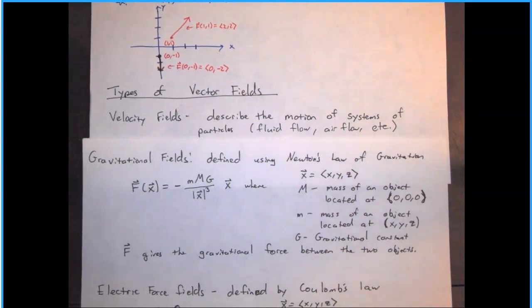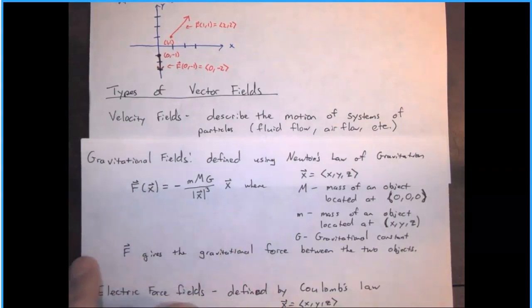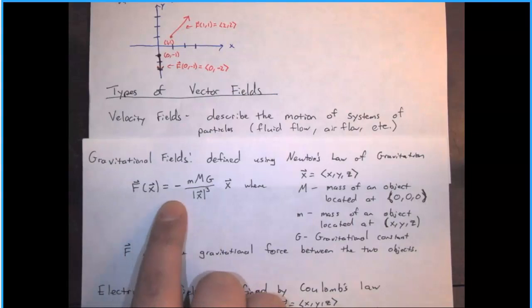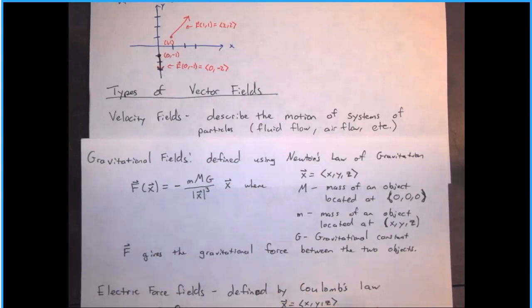gravitational fields, and these are defined using Newton's law of gravitation. I don't know how often we're going to use this, but just as a couple of examples of what you can do here, this vector field is very specifically defined. F of x is negative lowercase m times capital M times G over the magnitude of x cubed times x, where x is a 3-dimensional vector.